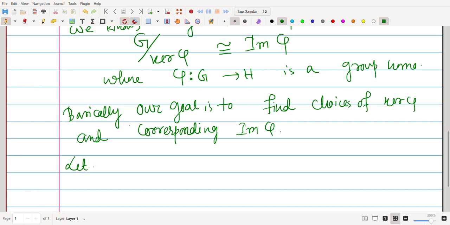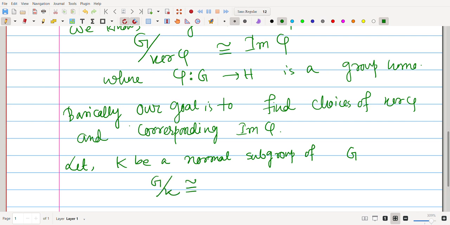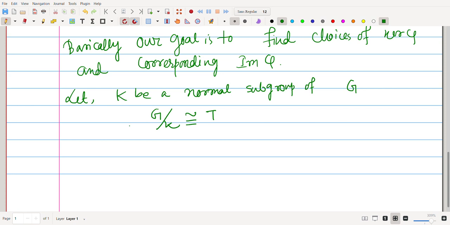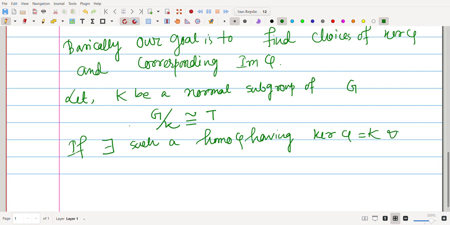Let K be a normal subgroup of G, and say G mod K is isomorphic to T. If there exists such a homomorphism, then T is a subgroup of H, because the image is always a subgroup of the codomain group.